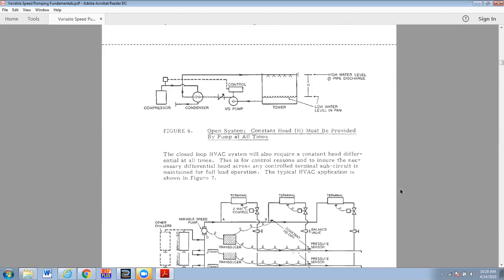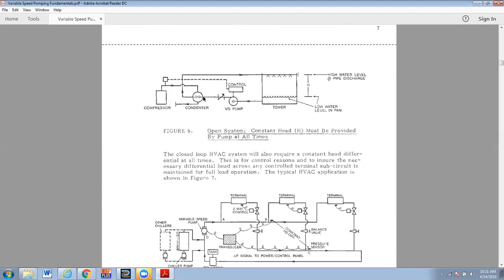So you can see here's our basin, and this is where the cold water collects at the bottom of the tower, and we're sucking it. This is the suction, so we're showing a straight line. Probably not a lot of fittings, not a lot of loss here into the variable speed pump. And we have some control on this thing.